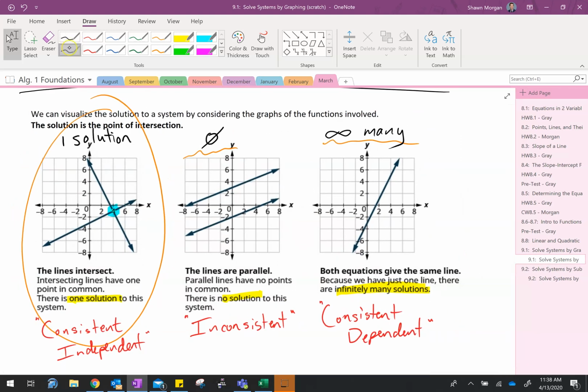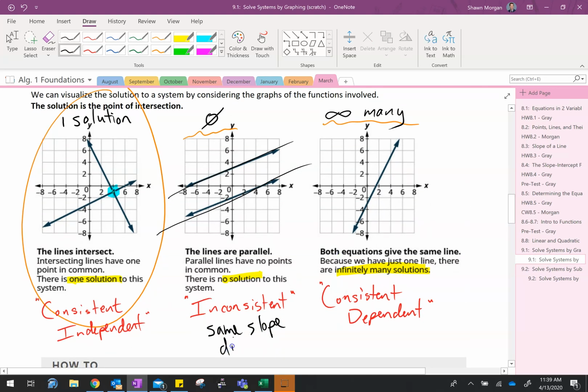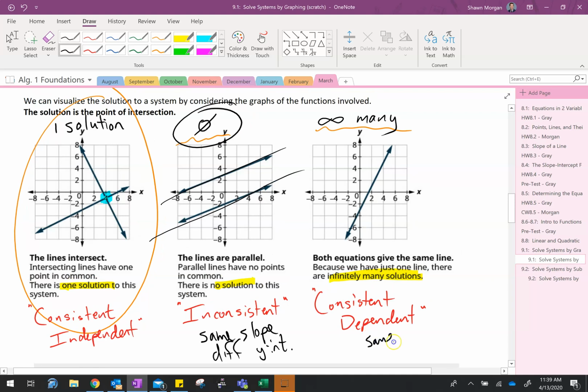So if you graph them out and you notice these lines are parallel, they have the same slope but different y-intercepts, there will be no solution to that system. And then if you have the same slope and the same y-intercept, then that's going to be a case where there's infinitely many solutions, because that's actually just the same line in disguise.